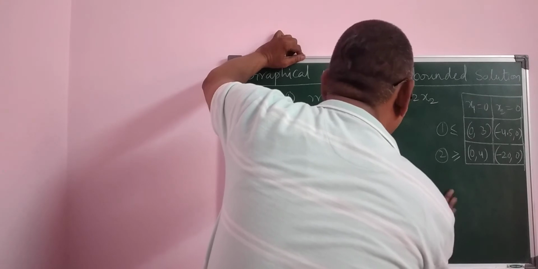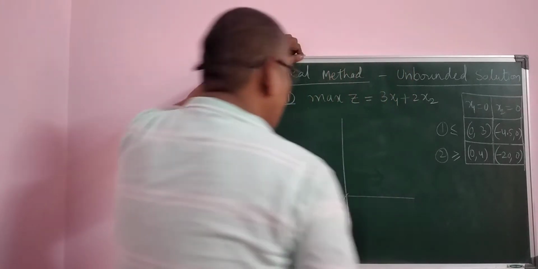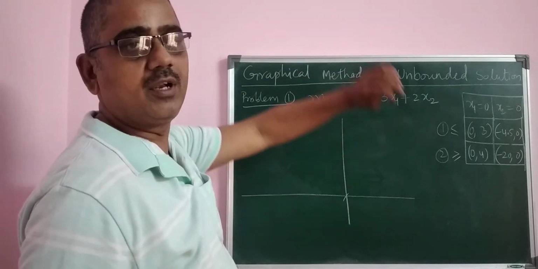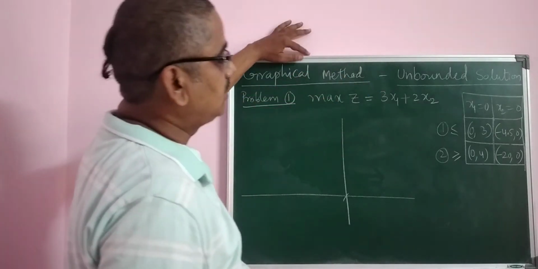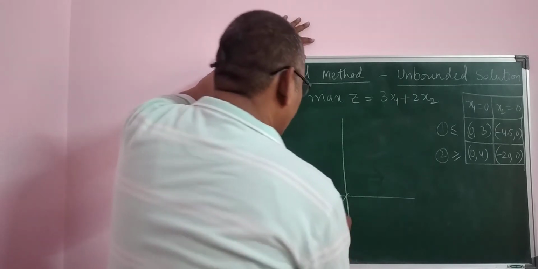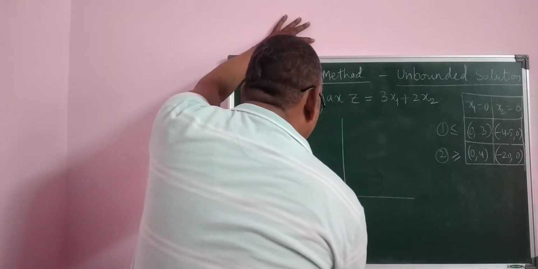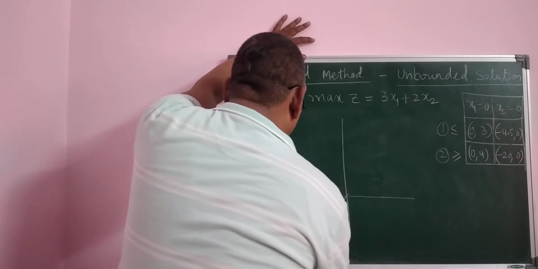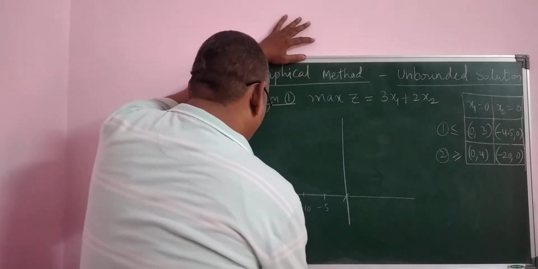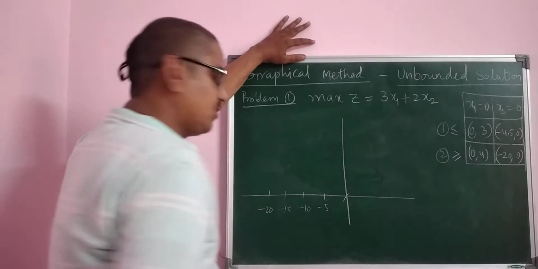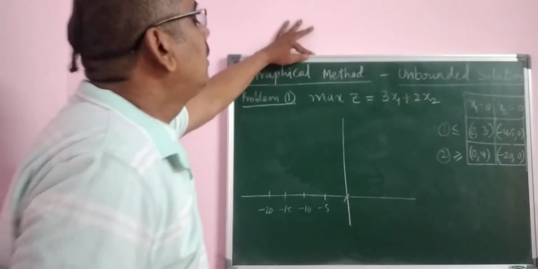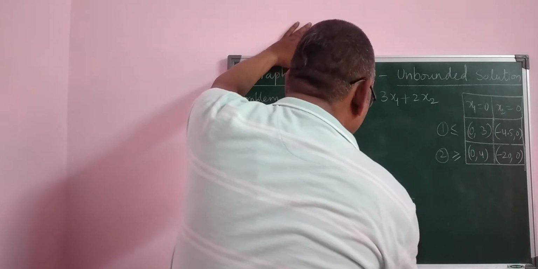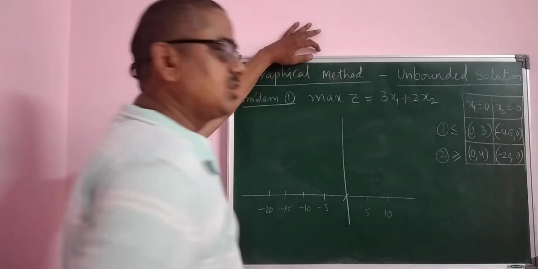We do not need such values. So I am considering x values up to minus 20 on the negative side of the axis. I am starting here with minus 5, minus 10, minus 15, minus 20, which are enough. On the right-hand side I consider 5, 10, which are enough just to represent it.